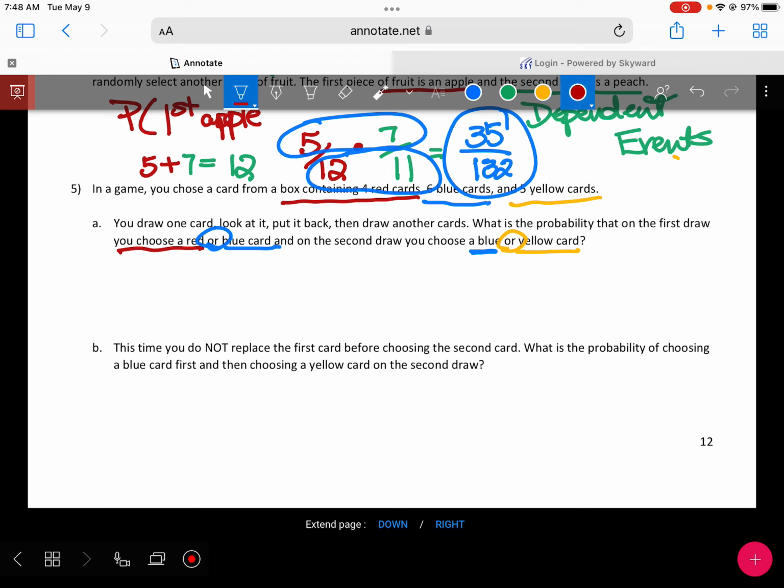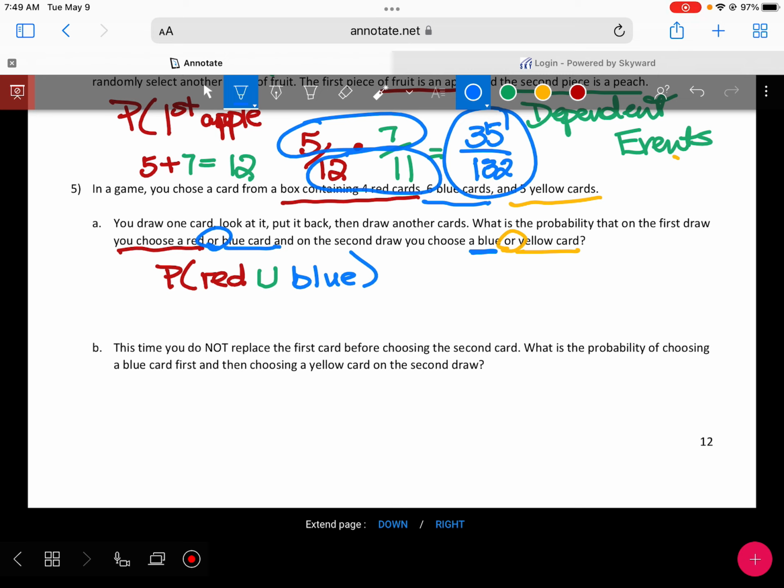Probability of choosing red or, is or going to be a U or an upside down U? Nope, that's and. So it's for the union. Red or blue.